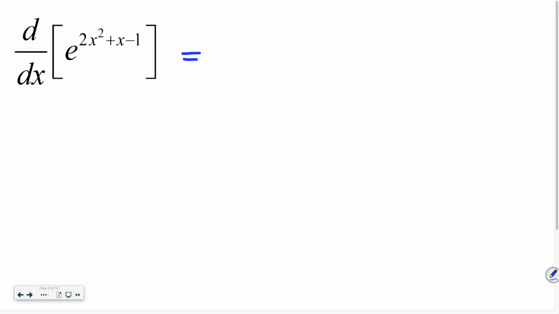So our derivative of e to the 2x squared plus x minus 1. We need to copy-paste. Multiply by what? Which is what? What is the derivative of that?